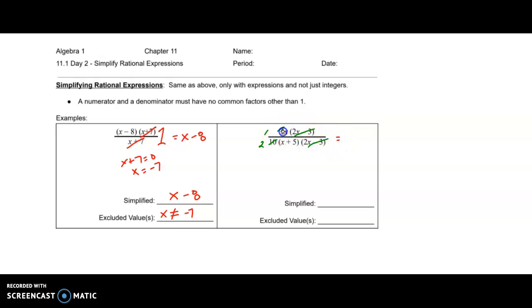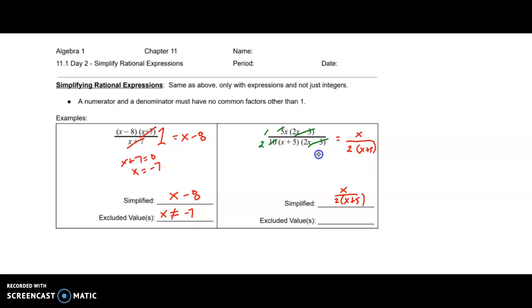You have an x up here that's left over, and then we have the 2, and we have an x plus 5 still. So that's your simplified rational expression. We have x over 2x plus 5.